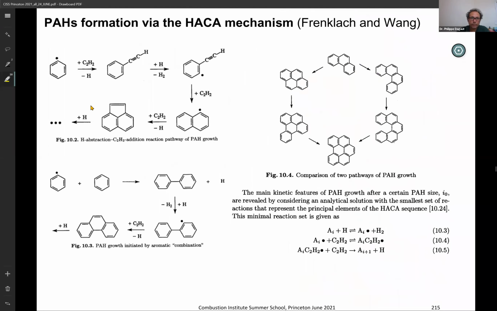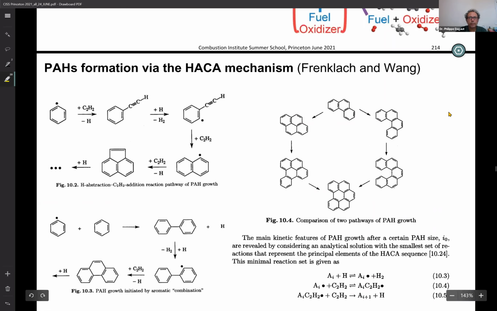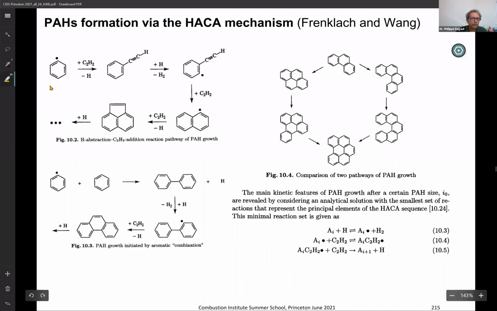and so if we go back to chemistry, these are the reactions which were proposed by Michael Frenklach and Hai Wang. This is the HACA mechanism: hydrogen abstraction, carbon addition. So we have here the first aromatic radical on which acetylene can add, and you get this phenylacetylene.